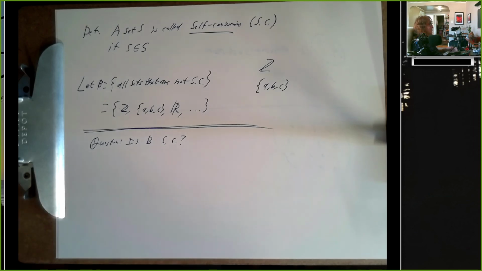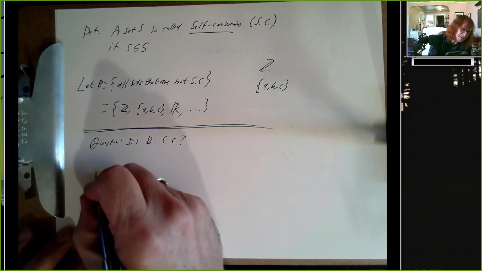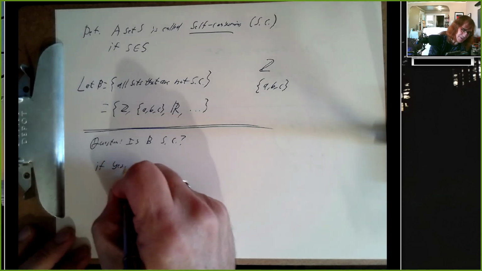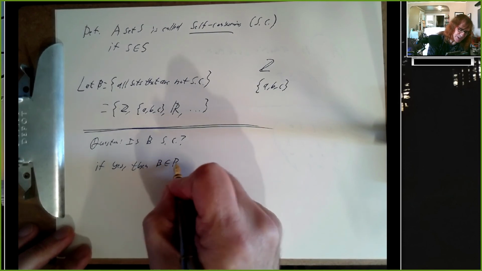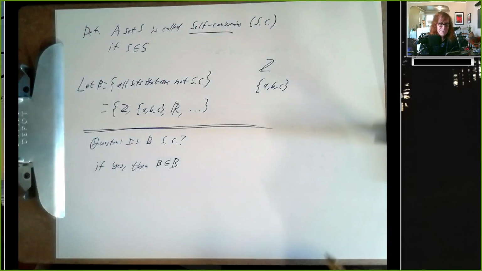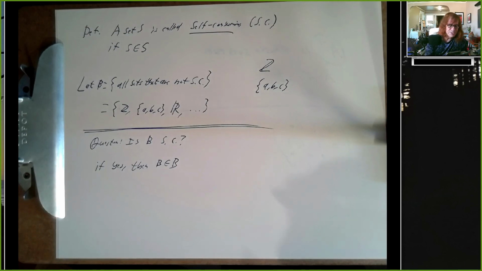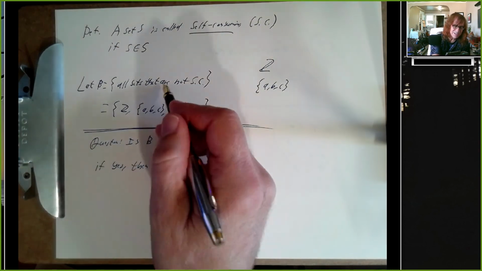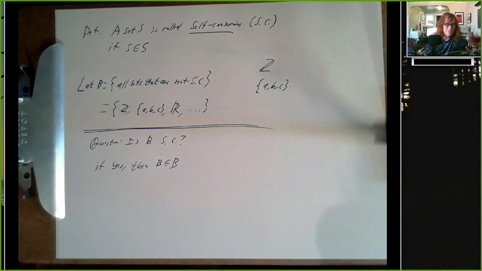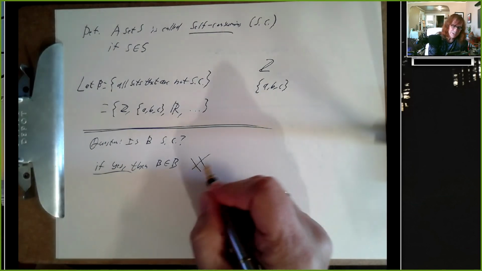Right? So yeah, this is a paradox, right? Because we suppose the answer is either yes or no. Well, let's explore both of those answers. So if yes, if B is self-consuming, then B is contained in B, because that's what it means to be self-consuming. But the way we constructed B was all the sets that are not self-consuming. And so if B is in this set, B must not be self-consuming, which contradicts our assumption that it was. So that leads to a contradiction.